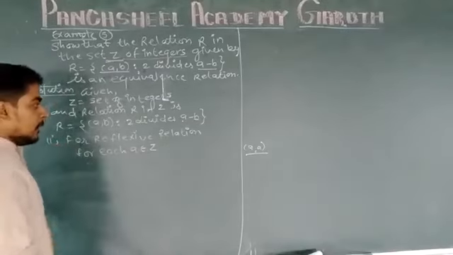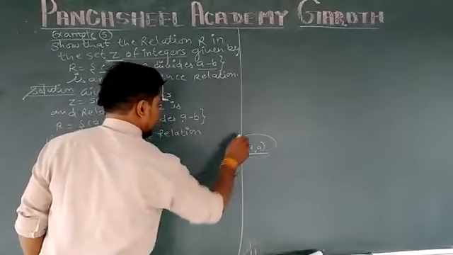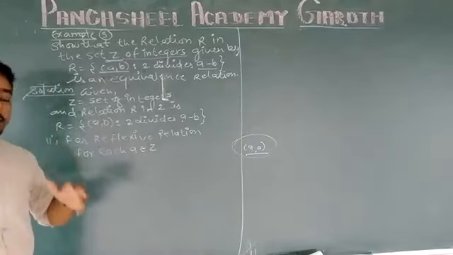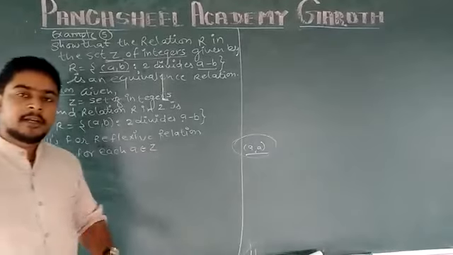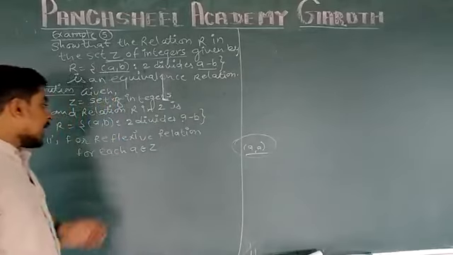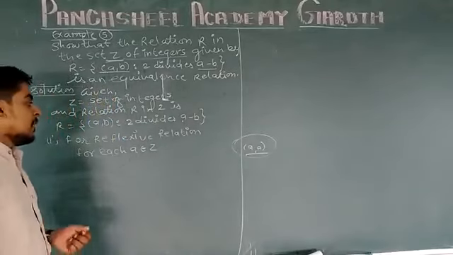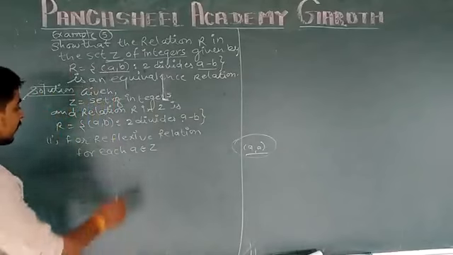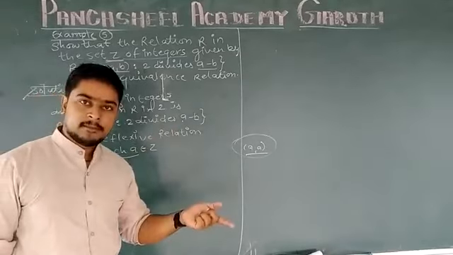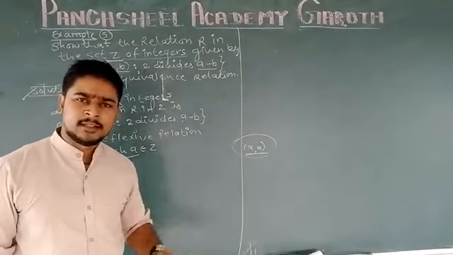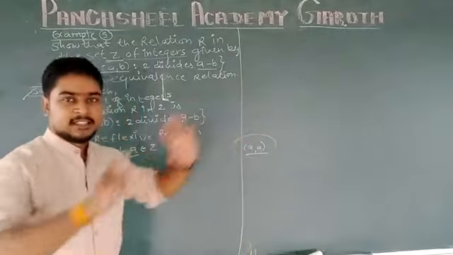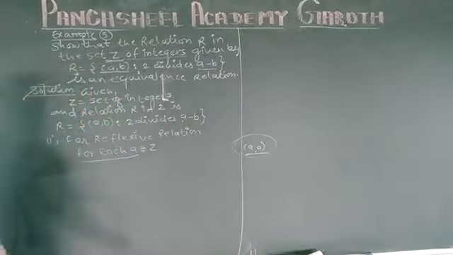But how many ordered pairs of the same element will be formed in Z×Z? We don't know, and there are so many. There is a possibility of so many ordered pairs of the same element being in R. Therefore, in short form, we can write here: for each A. Each A means for each number included in the integers.